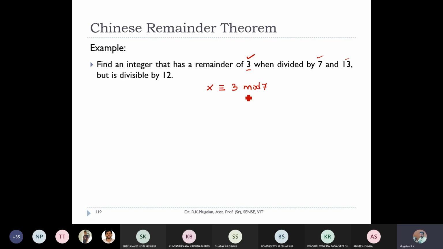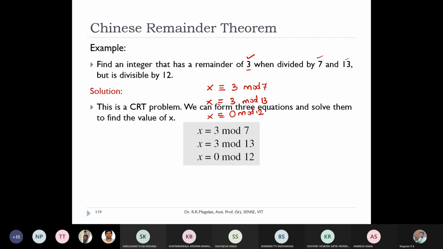This is the first expression. And it is divisible by 12, so x will be congruent to 0 mod 12, since divisible means you don't get any remainder. Right, so with this you people have to solve this numerical.